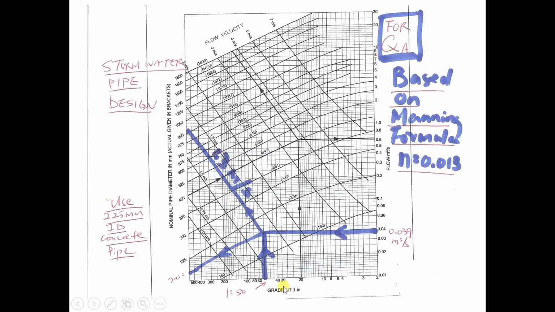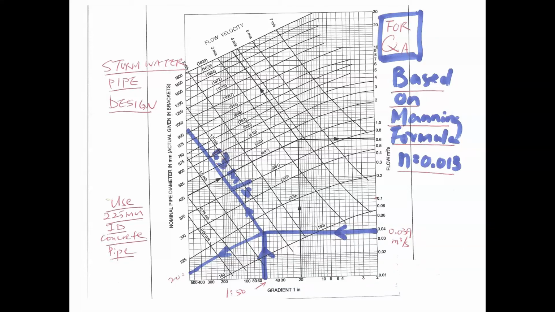So the bottom is the gradient, the side is the flow, and this side is the flow velocity. In this case, I just assume a gradient of 1 in 50. It could be different, depending on the site.